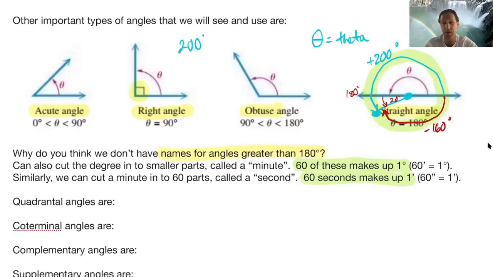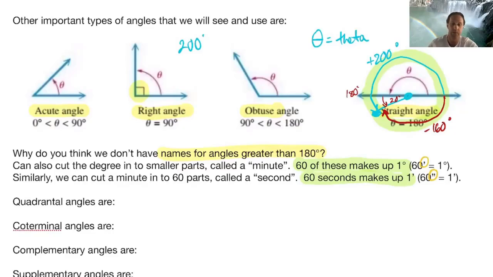Now, very small, we're getting very exact, but we can even take one of those minutes and cut it into 60 parts, which again would be what is called a second. Okay, so we won't use this very often, but the notation that we will see is right here. That is what is called a minute, and that is what makes up a second.